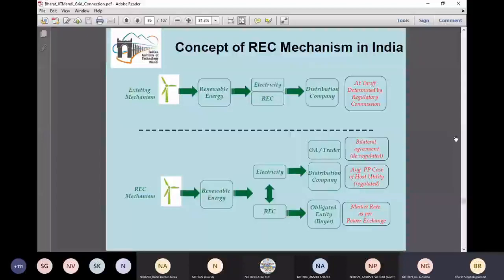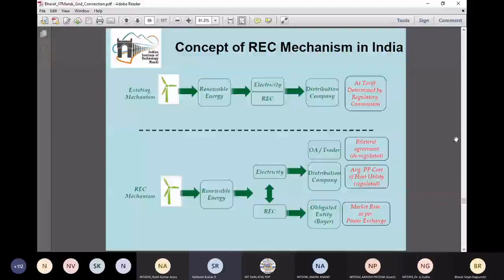But the REC certificate mechanism is such that the minimum, floor price is 2 rupees and the maximum price can go beyond 2 rupees, so that in the REC mechanism there is a possibility that some profit can be made.